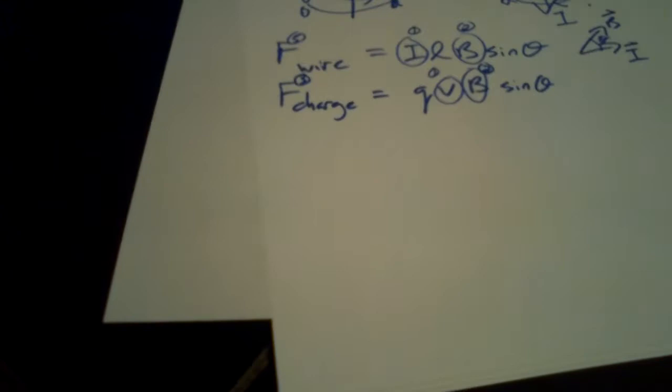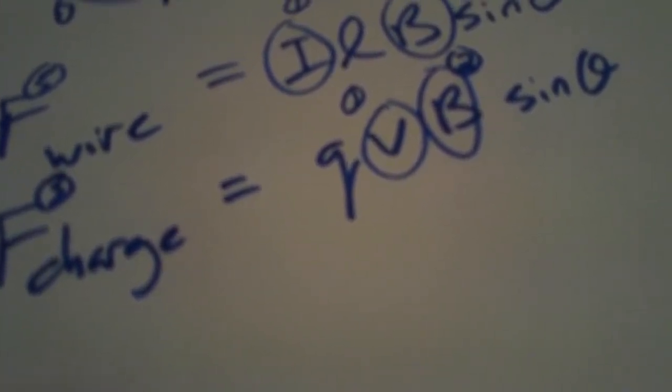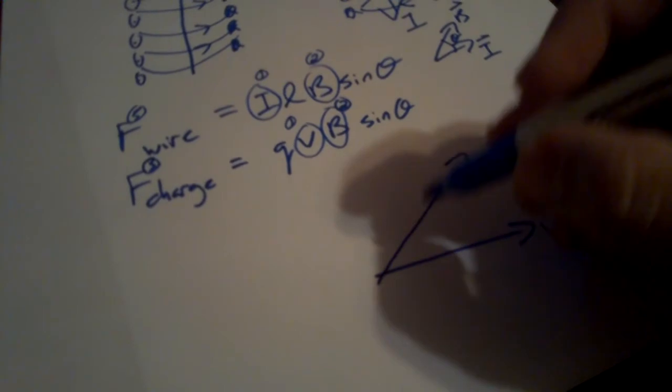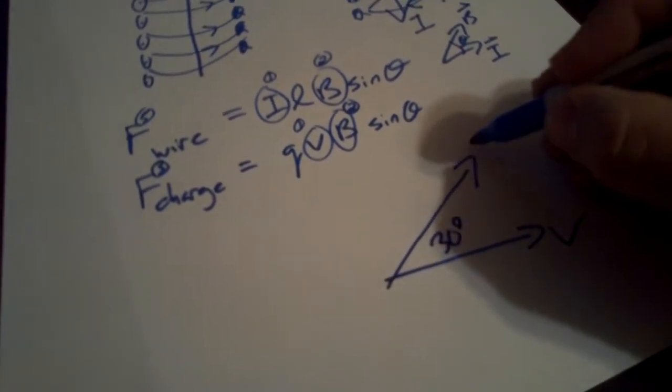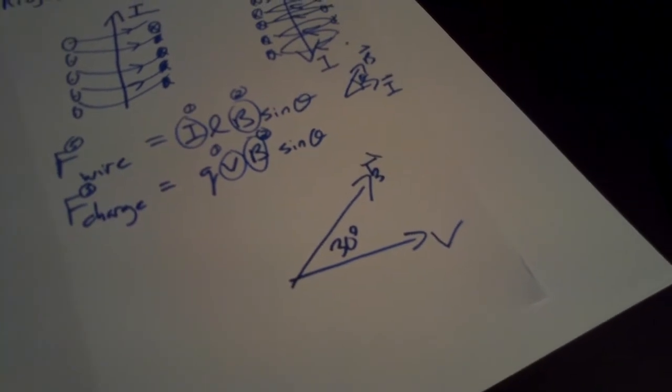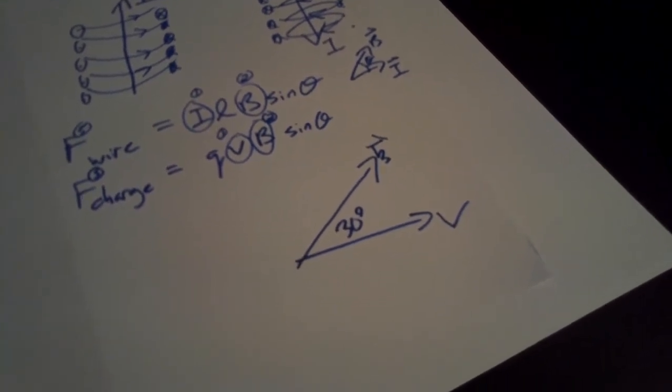Okay, so let's do an example here. Let's do it for the second equation, v and B. So let's assume that a particle with velocity v is going this direction. It enters a region of space where there's a magnetic field 30 degrees to that velocity, and let's ask ourselves what direction the resulting force is.